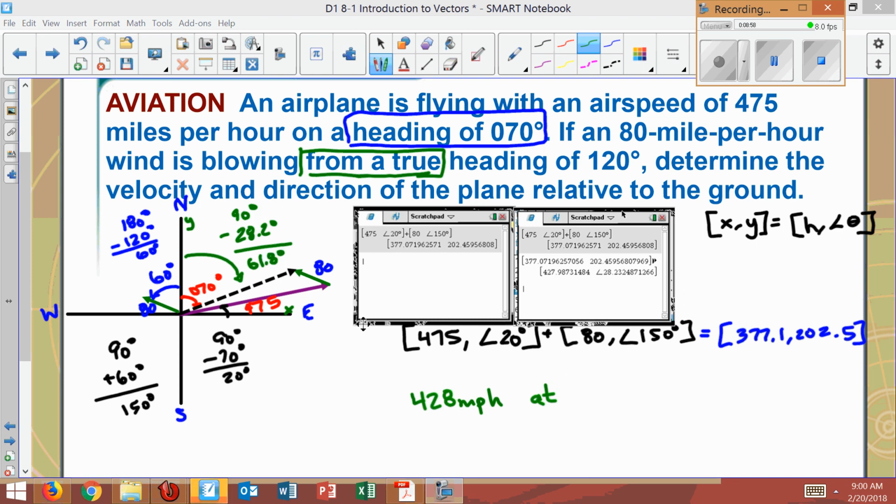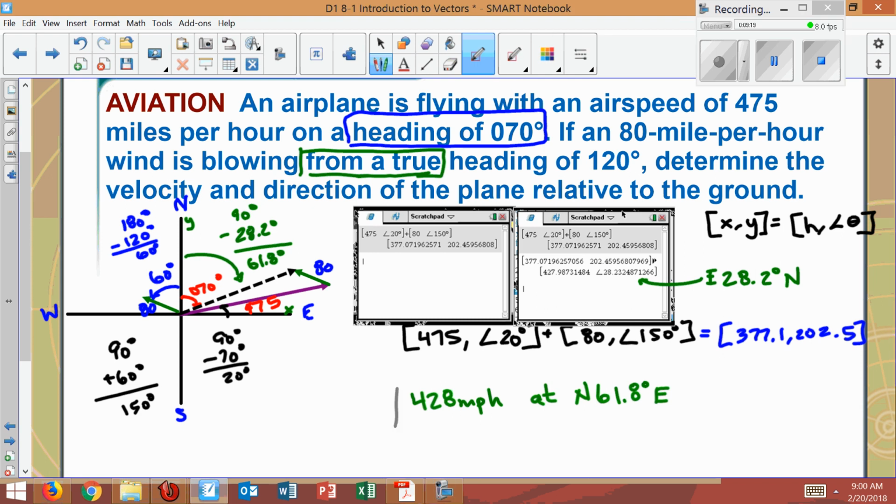So it would be 61.8 degrees from the north, and so we're not confused, I'll say north 61.8 degrees towards the east. What the calculator gave us, this value, is east 28.2 degrees towards the north. That's what that value is right there, but we want it this way. This would be our answer here.